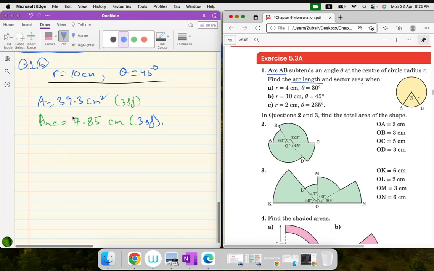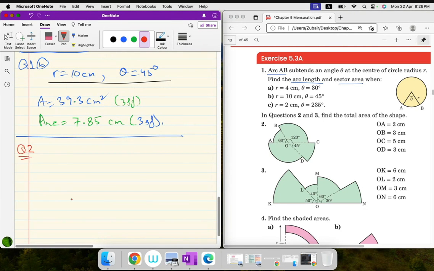I'm working with you on this. For question number 2, I'm starting with the first one in the order given. For that sector, I'm looking at angle by 360 into pi r squared. Then the second one with OB as radius: angle by 360 into pi, and the radius is 3 squared.